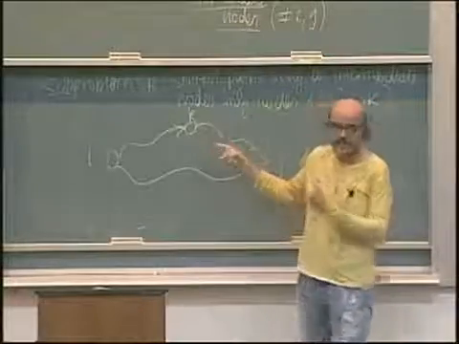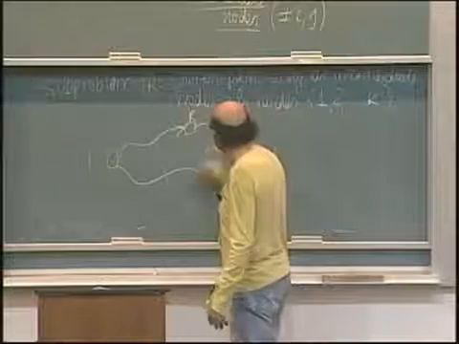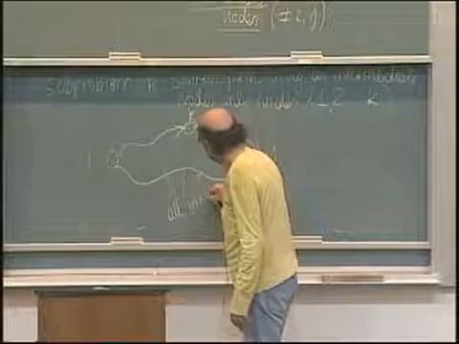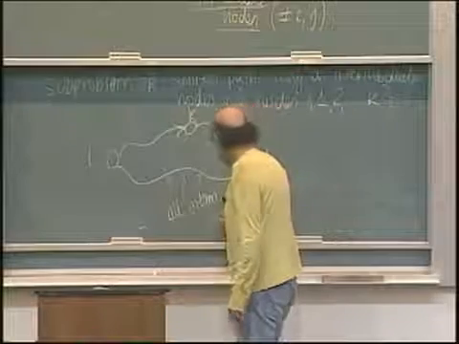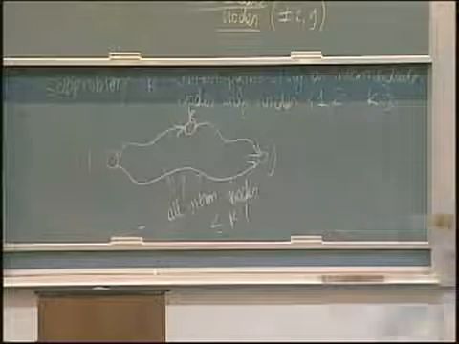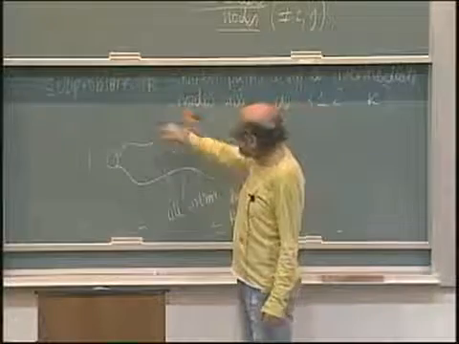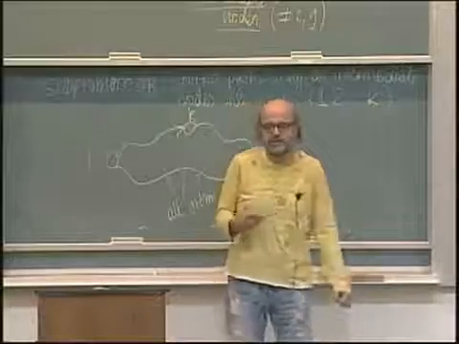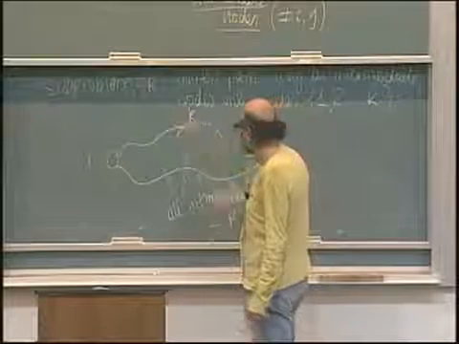And since I made k explicit in my picture, I know that all other intermediate nodes are less than or equal to k minus 1. In other words, these paths are the shortest path from i to k using no intermediate node bigger than k minus 1.